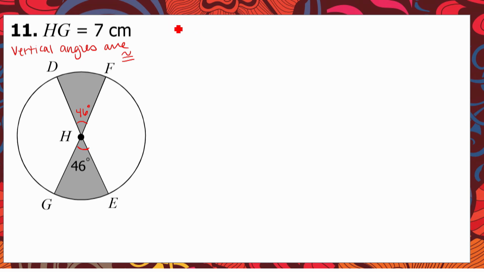Okay? When you have two different regions shaded like that, you are just going to add the angle measures together. That's what you're going to do. Okay? So instead of writing x is 46, you're just going to add the angle measures together because the radius is going to be the same on both of them. So we still need the area formula.